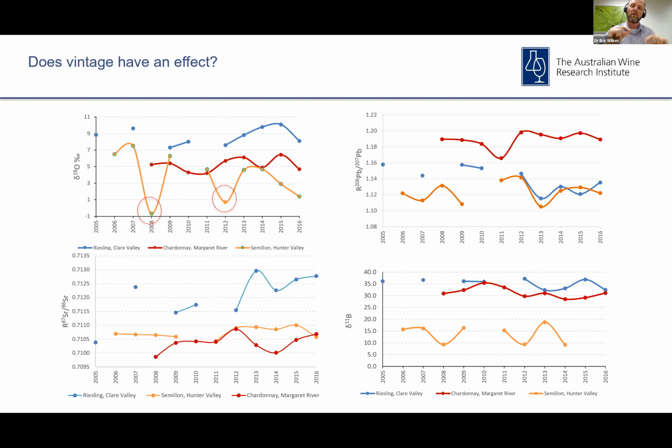So yes, we saw small changes as we go from year to year, but those changes are still much smaller than what's driving us being able to see the differences between Australia and the rest of the world.